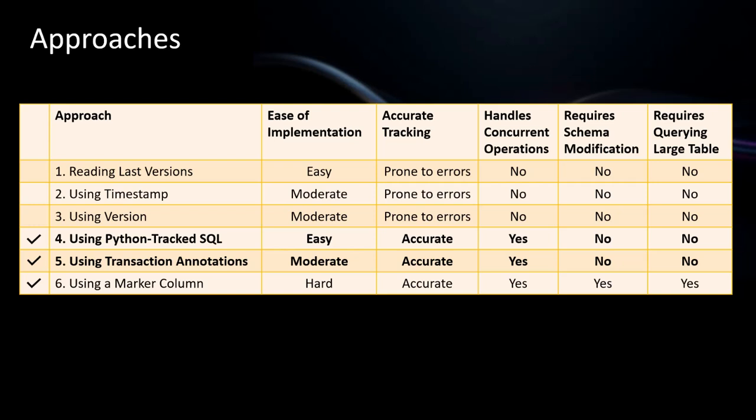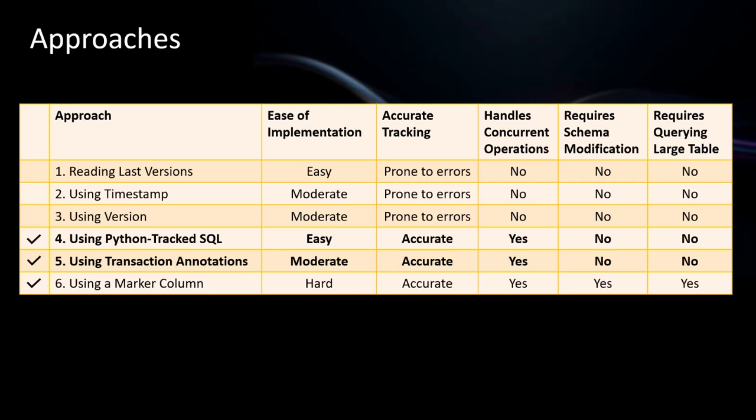Right. For the fifth one, we'll be continuing with the Python code, but what we are going to do is add a tag to the transaction, something like adding a comment to the transaction. Then we can use that for searching the log, get the exact log entry, and read the stats. The only thing is you have to write some code for all these things, but you always get the right values.